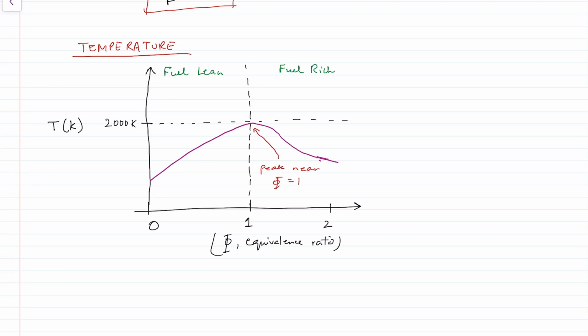And the reason is, when it's fuel lean, it has to heat excess air. So in this region, it cannot heat it to that higher temperature. And when it's fuel rich, there's too much fuel and you're not fully burning the fuel.